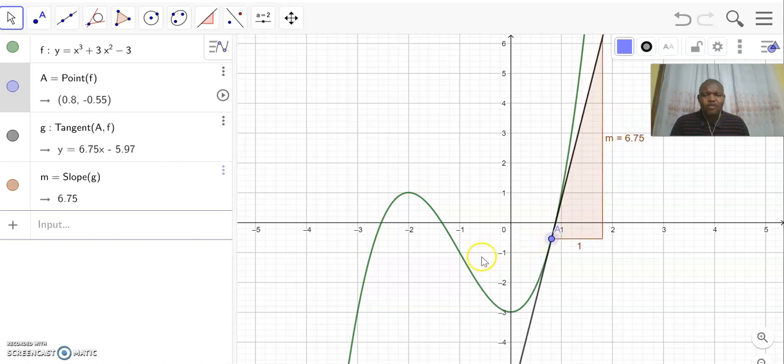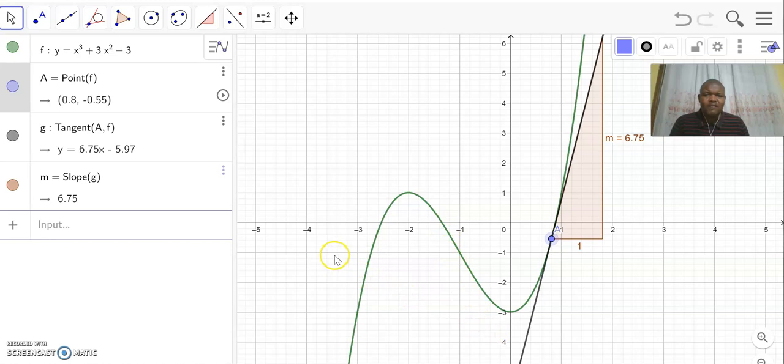Then, what do you want your learners to find out here? You will need your learners to recognize that when you have a maximum point here, the gradient is positive. Then the gradient becomes 0, then the gradient becomes negative.